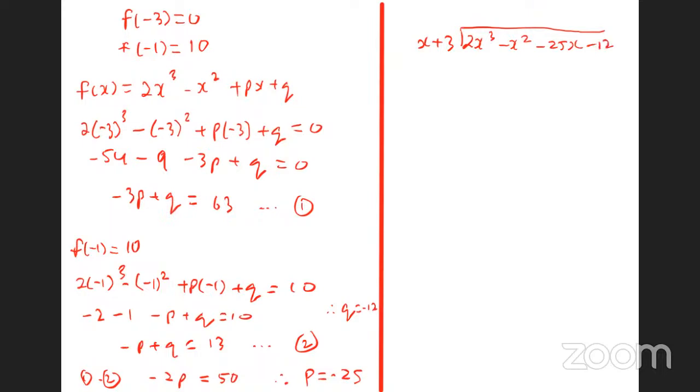The purpose of the calculator is just to check and see if you get the same answers. And x plus 3 as the factor: x into 2x cubed is 2x squared, by x is 2x cubed, 2x squared by 3 is 6x squared.